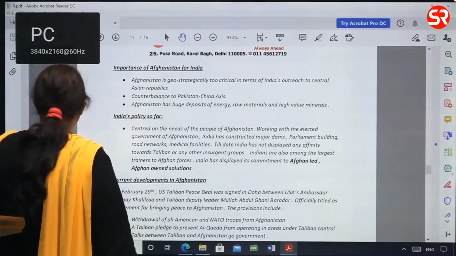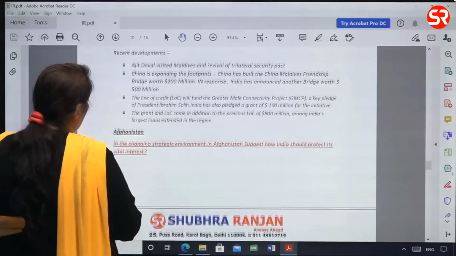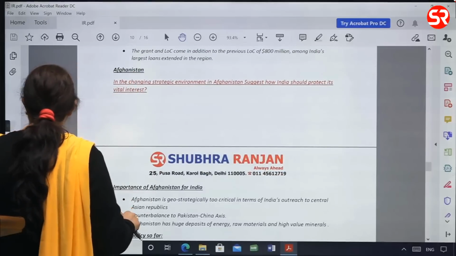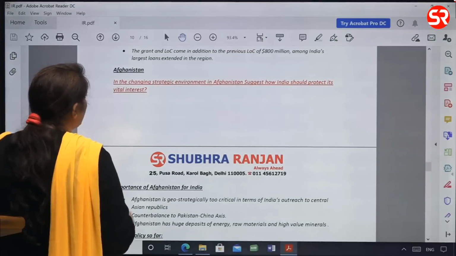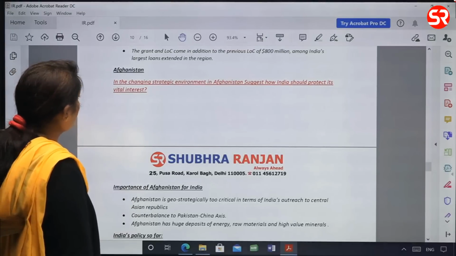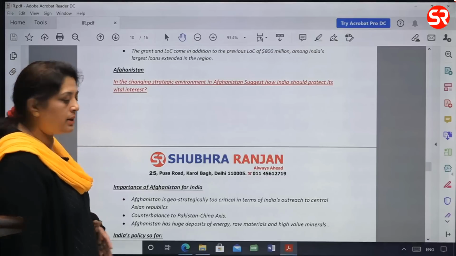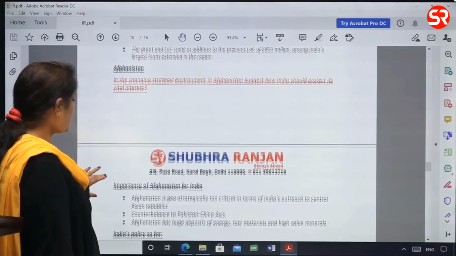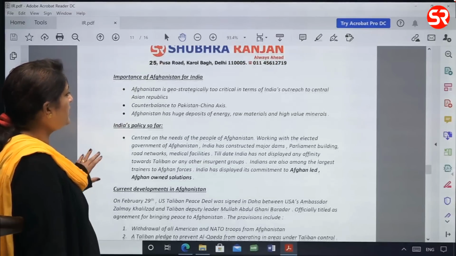So the question here is, in the changing strategic environment in Afghanistan, suggest how India should protect its vital interests. So, importance of Afghanistan for India.